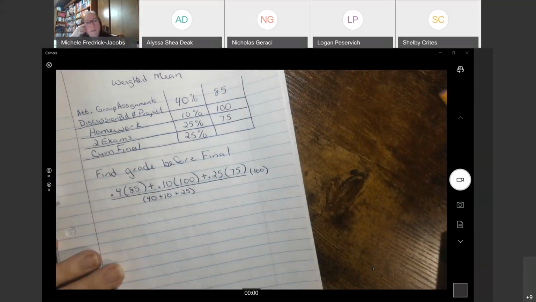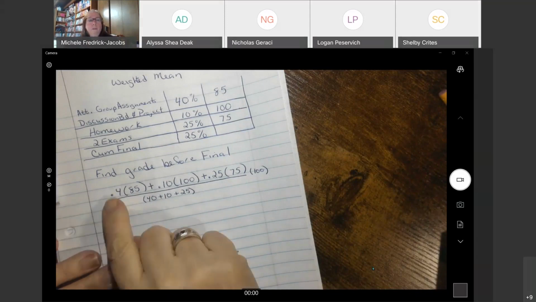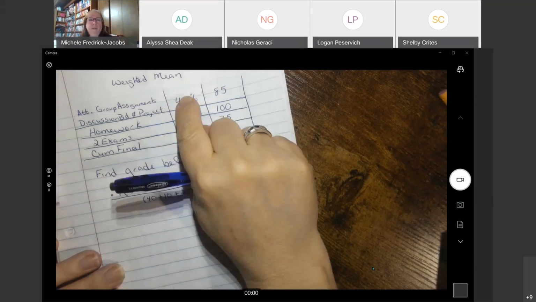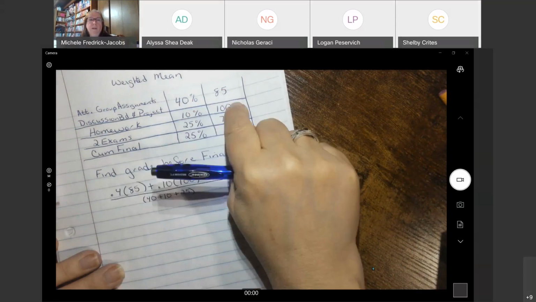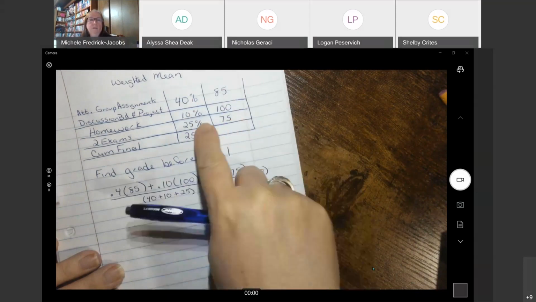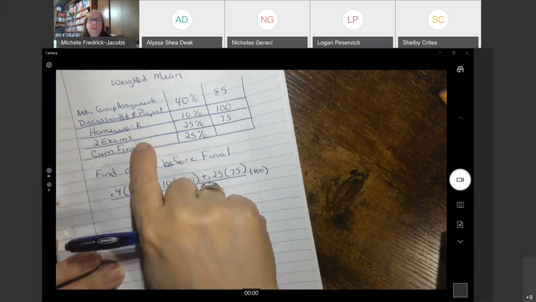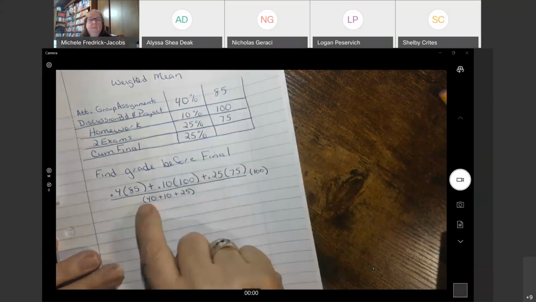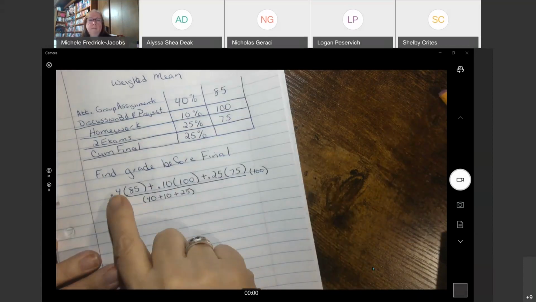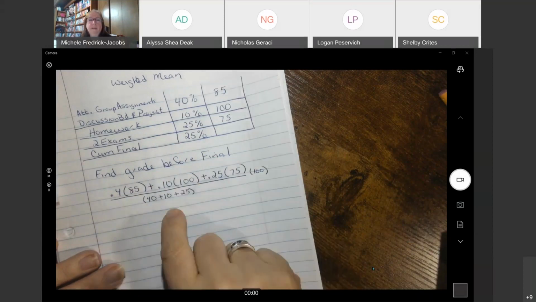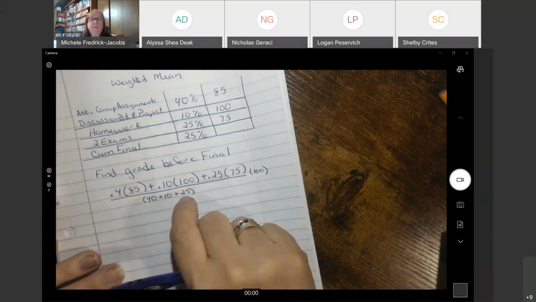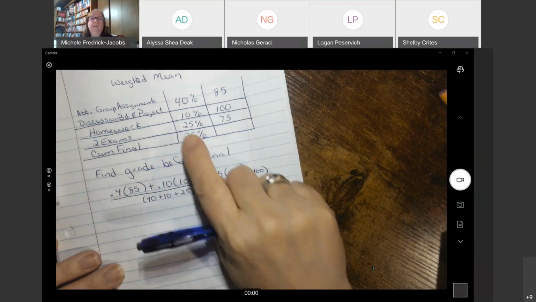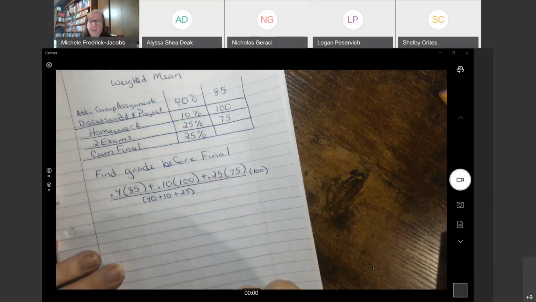Any questions so far? It's called a weighted mean because each of these has a weight on it. We're only using the first 75. We don't know the bottom grade yet. Multiply your weights, divide by the total percent that you have so far, which was only 75. Multiply by 100 to get a percent.